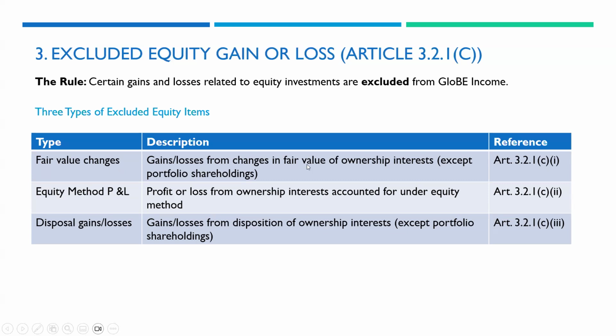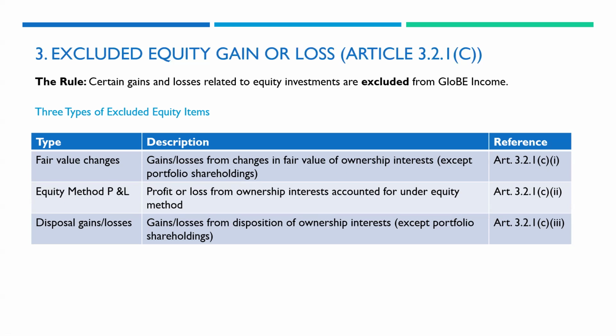Gains and losses from change in fair value of ownership interest, other than portfolio investments, portfolio shareholdings. What is portfolio shareholdings? Less than 10% and less than 12 months. Those, if you have a fair value change, then you have to include. But other than portfolio investments, if there is a fair value change in your P&L, exclude that, whether it is income or loss.